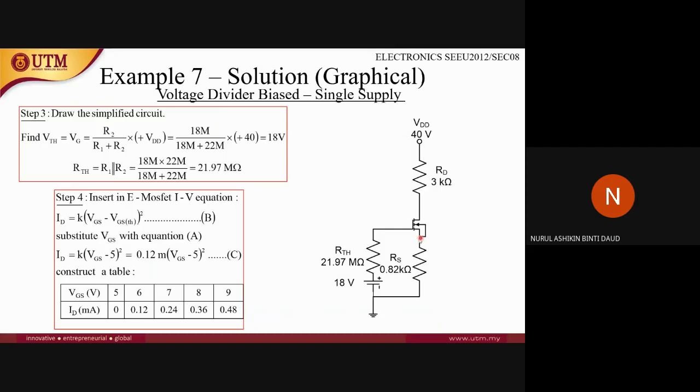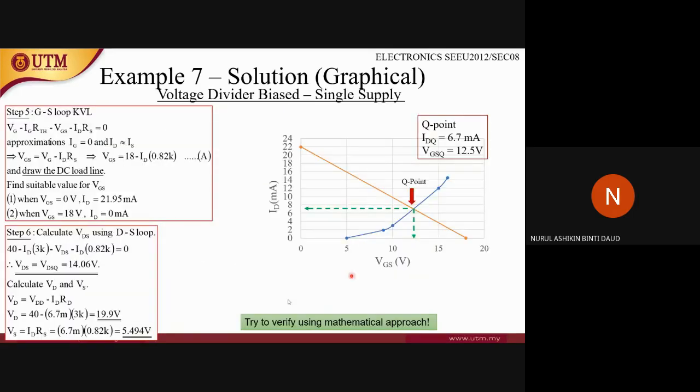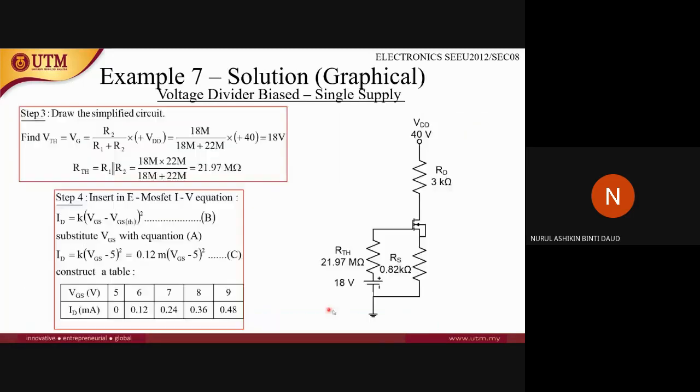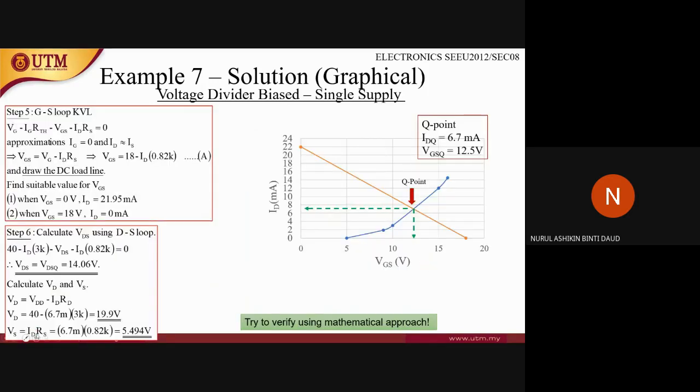VS is equal to ID times RS, the potential at this resistor. So ID times RS, you will get the value of 5.494 volts.